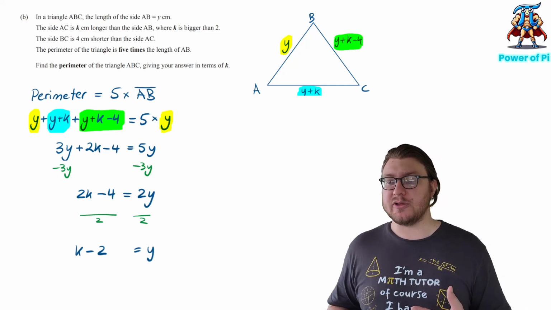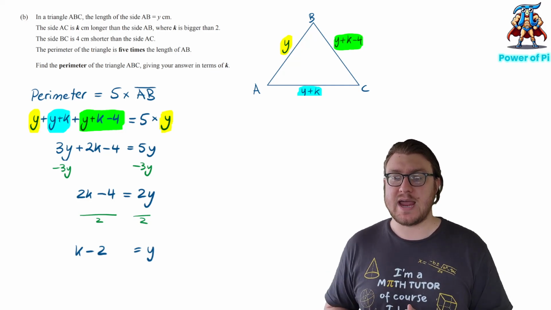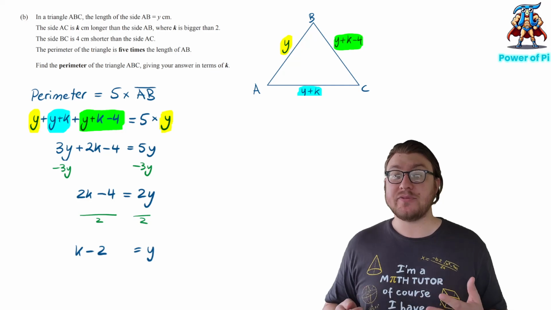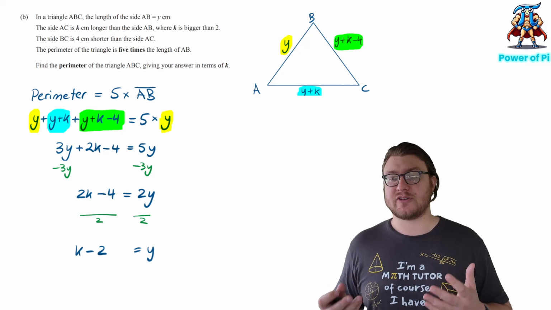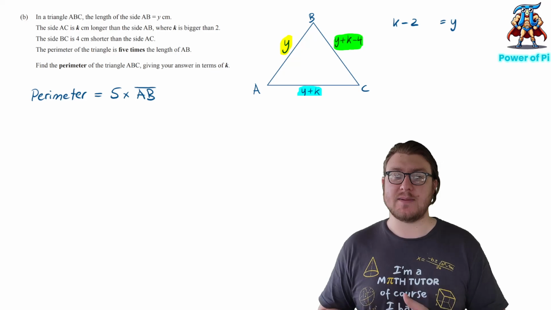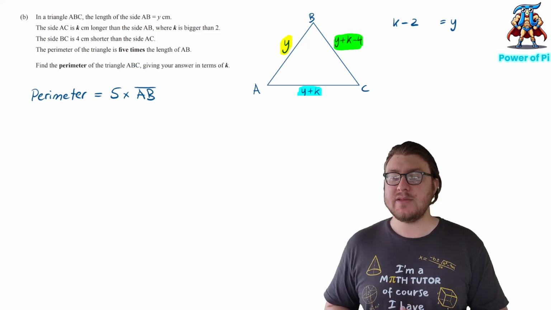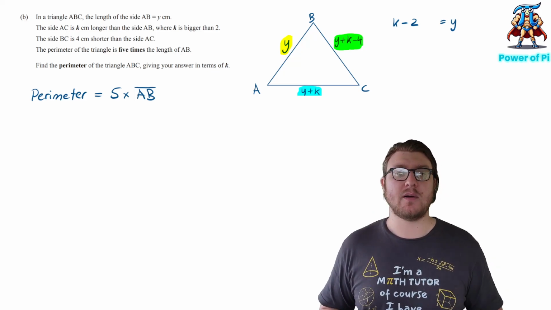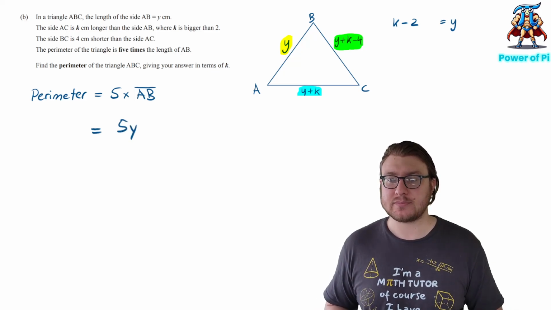So since we know this, we can replace all of our values for y with k minus 2. But the question is only asking us to find the perimeter in terms of k. Well, we already know that the perimeter is 5 times the side AB, which was 5 times y. And in the top you can see I've put the value for y so you can remember.